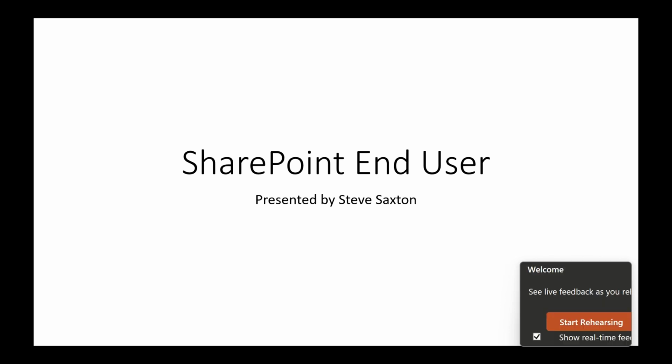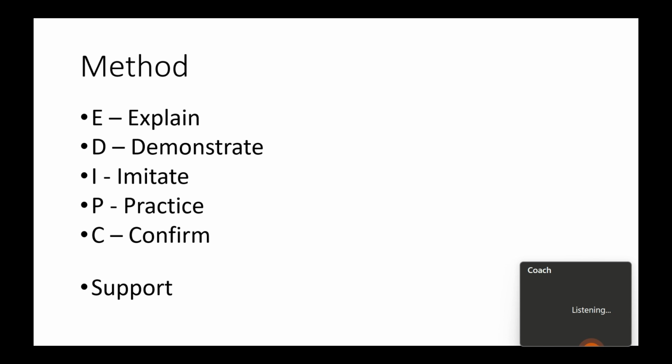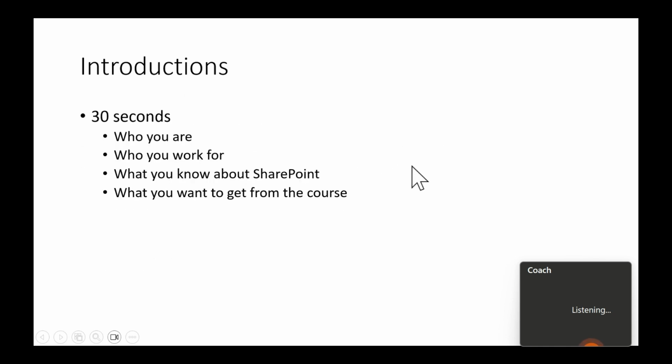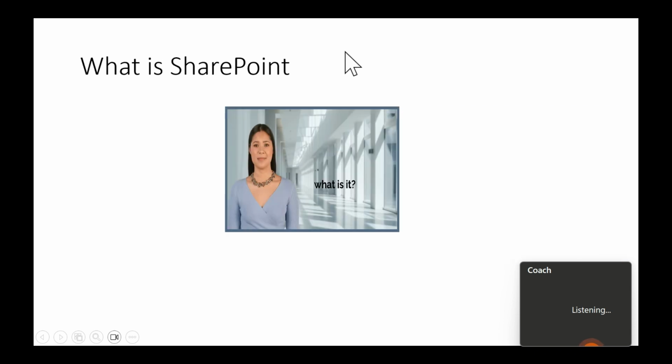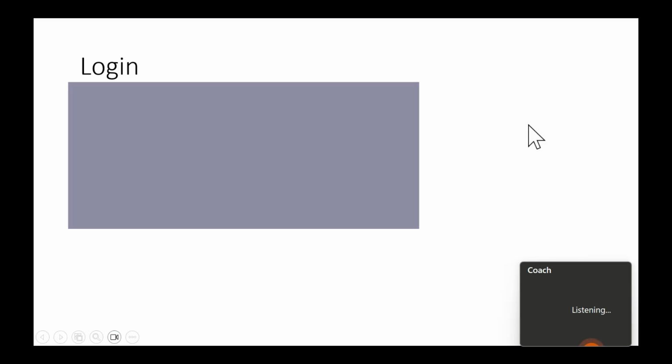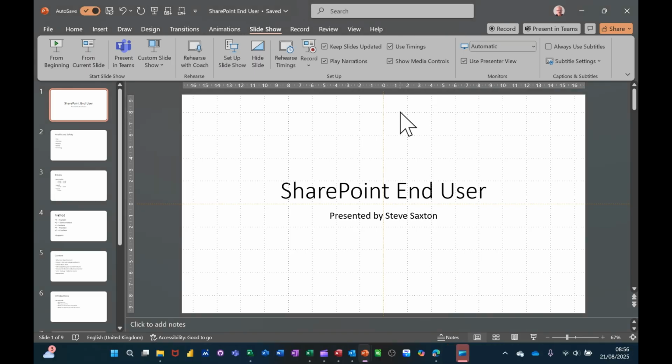So what's going to happen is I'll click on start, and then basically you get the coach to tell you how good you are doing on the presentation. You can click through this and talk and change the pitch of your voice and things like that, and then it will give you a score at the end as to whether you did okay or not.